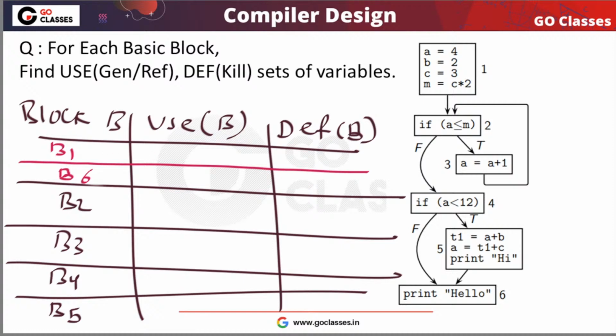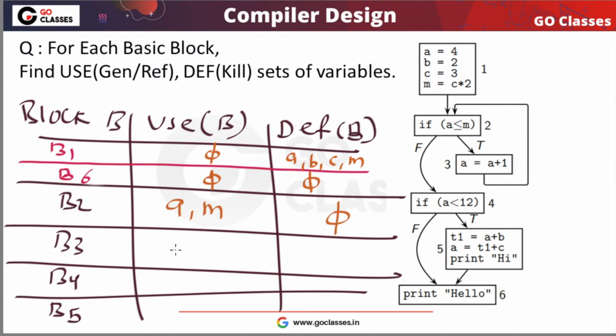For B1, you are not using anything, so that is phi. And you are defining A, B, C, M. In B6, you are not using anything and not defining anything. In B2, you are using A, M, and not defining anything.